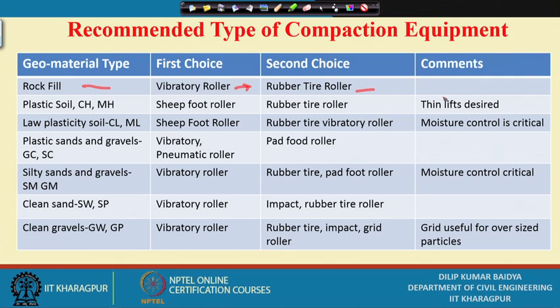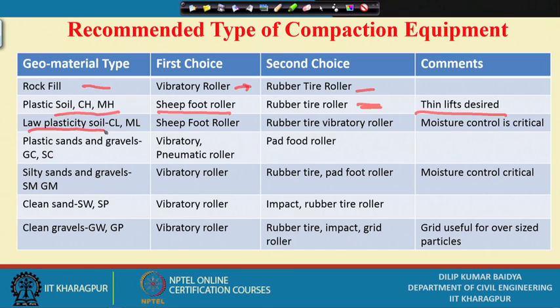If it is a plastic soil, CH or MH, then sheep foot roller, as I mentioned in my previous slide, and rubber tire roller can also be used as second choice, and thin lifts are desired. That means compacting 1 meter at a time will not be effective, so you have to put the soil in layers, and they should be thin. For low plasticity soil, CL or ML, again sheep foot roller, and rubber tire can also be used as second choice, but not the first choice.